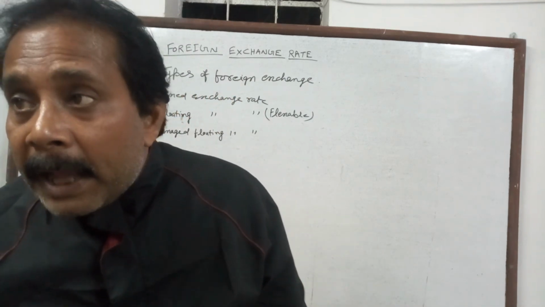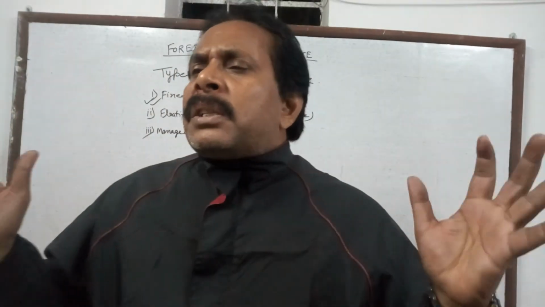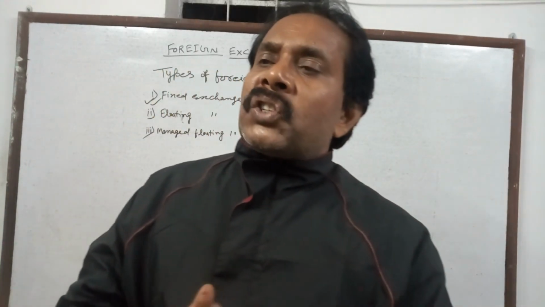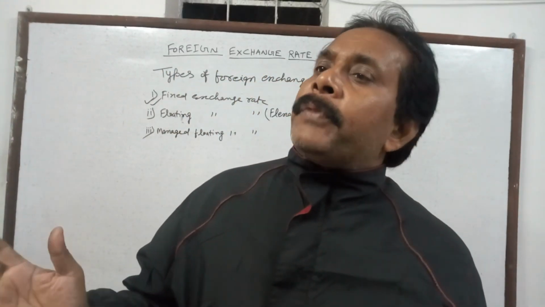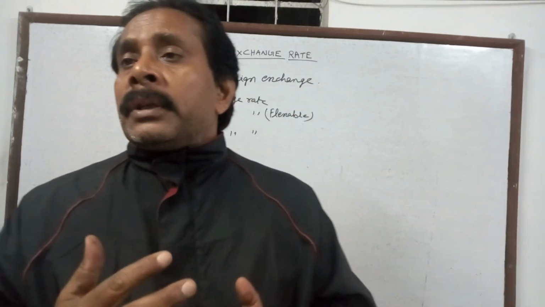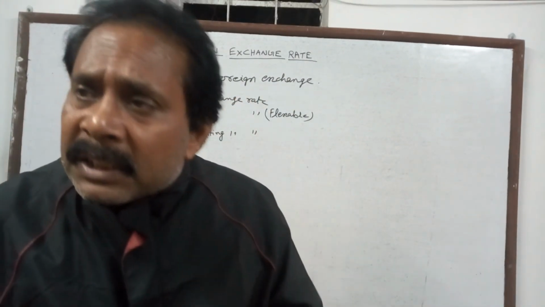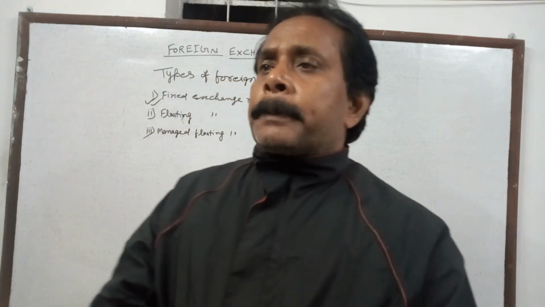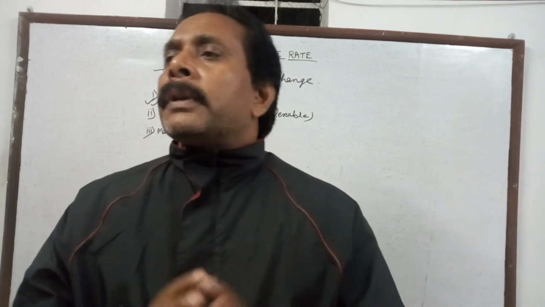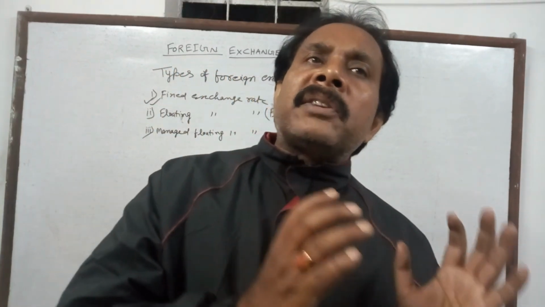Now here, another method for the fixed exchange rate. The government has to maintain large reserves of foreign currency to maintain the exchange rate at the level fixed by the government. Next, we can say, under this system, each country keeps value of its currency fixed in terms of some external standard. Okay.